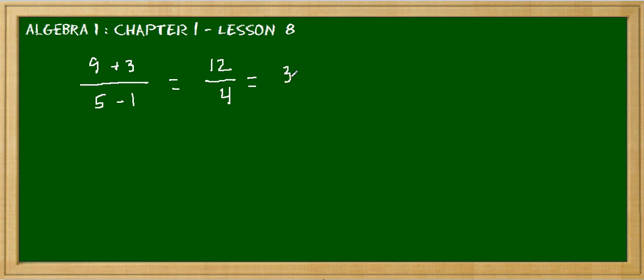Okay? Because the usual procedure is to divide and multiply before adding and subtracting, the fraction bar acts as the parenthesis symbol. In other words, you have to look at what the parentheses or the fraction bar are telling you before you go ahead and do your order of operations.